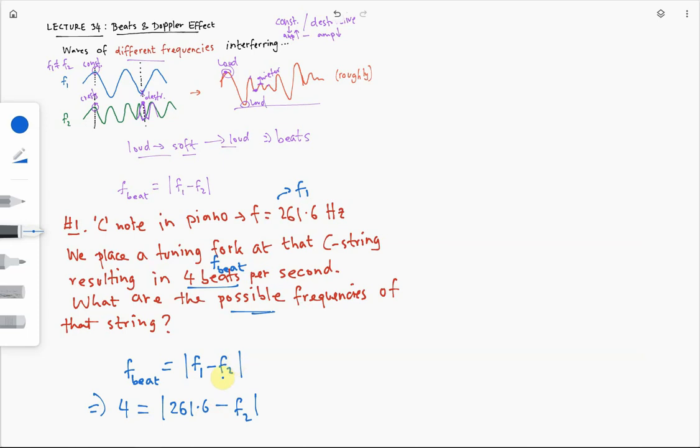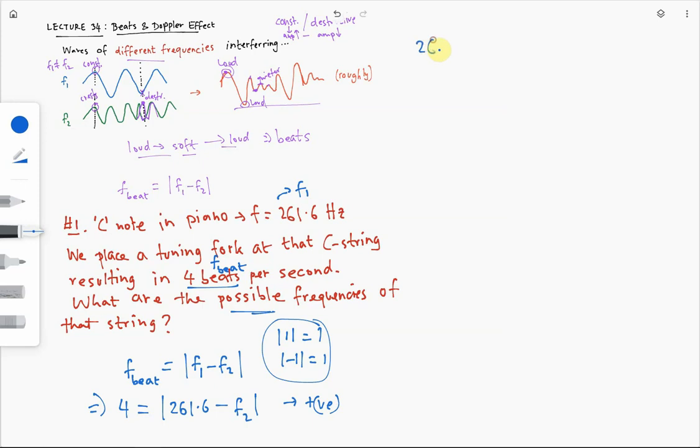As we know, the absolute value of a number, say 1, is equal to 1, or the absolute value of negative 1 is also equal to 1. What this basically means is that whatever is in here, the absolute value turns it to positive. So the absolute value of this difference being 4 technically means two things.